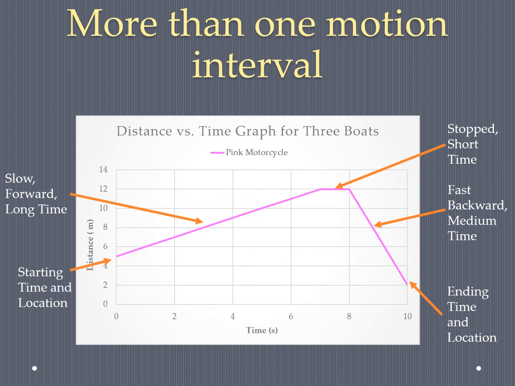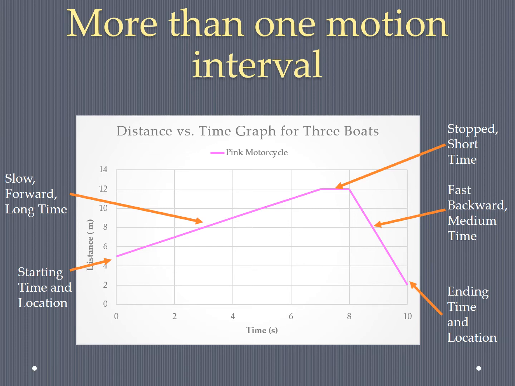Between time 7 and time 8, the position of the motorcycle is not changing. It stays at 12 meters away. And we can tell that by looking at the line. It's a flat line. The distance is not changing at all. Then at 8 seconds, the motorcycle starts to go in the opposite direction, backwards, back towards the distance of 0.